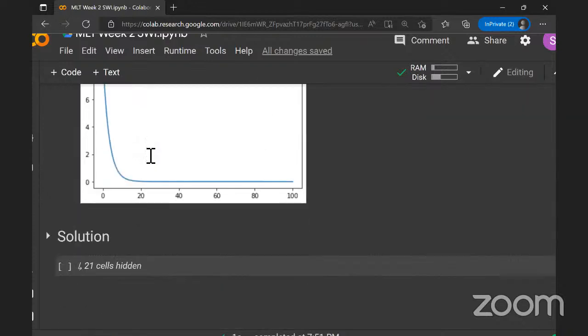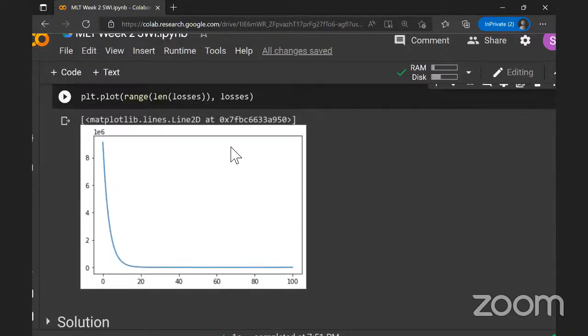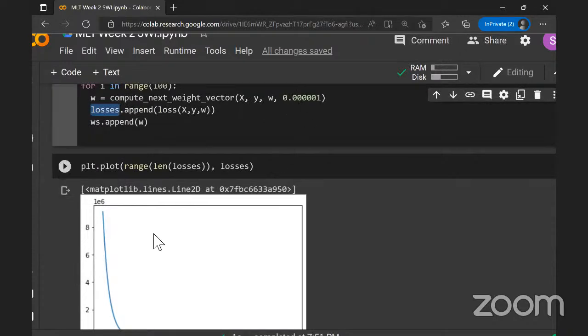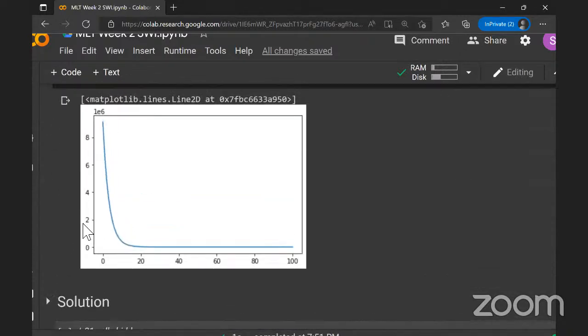So right now it looks like after 15 or 18 iterations, the loss function did not change. Right. So if it does not overshoot with 0.01, you might see the loss function hitting a plateau after 3 or 4 iterations or after 10 iterations.